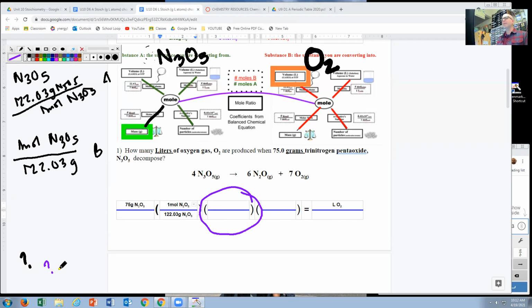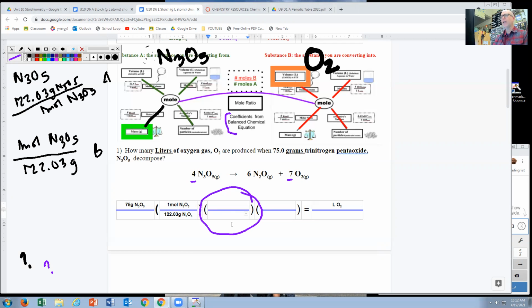That's right, ladies and gentlemen. We're going to call it the mole ratio. And the mole ratio is going to come from the balanced chemical equation, right? So we're working with N3O5, and we're working with oxygen. At this point, we want to cancel out the N3O5, so we're going to put the N3O5 in the denominator, or on the bottom of this conversion factor.